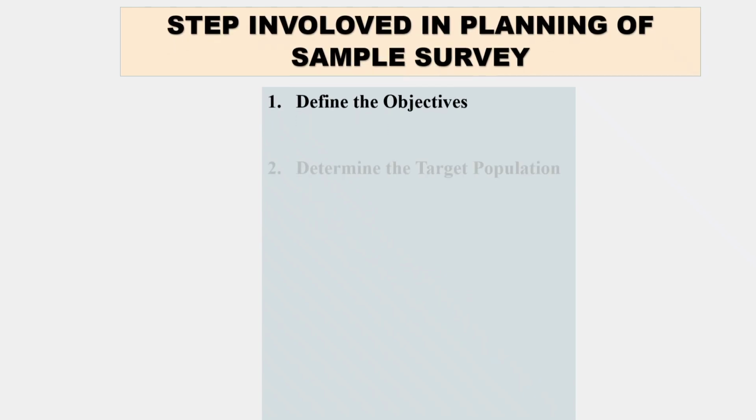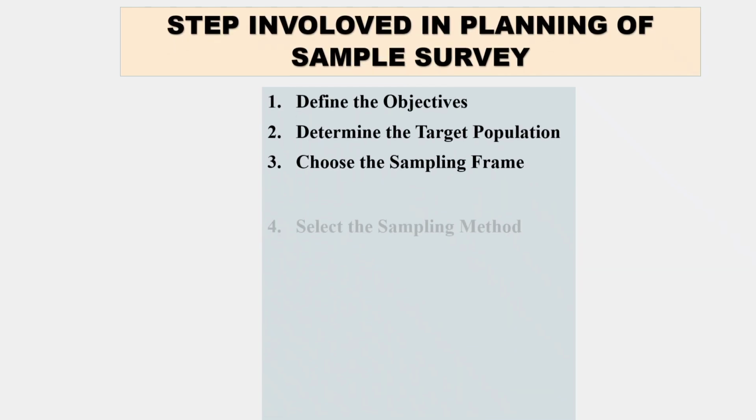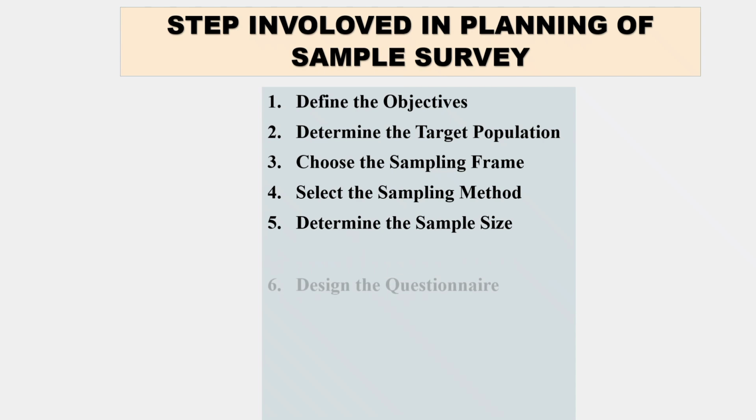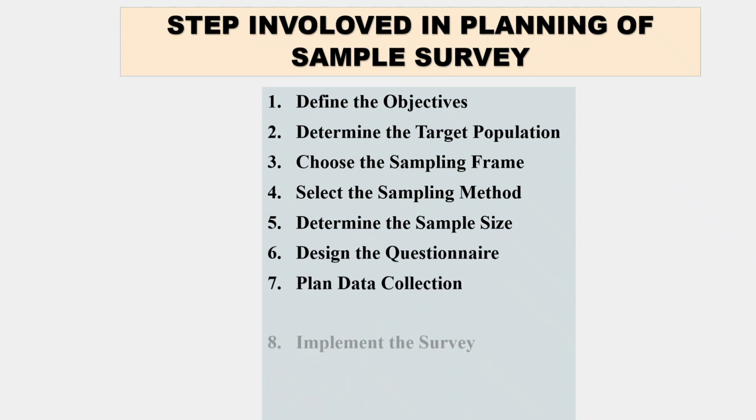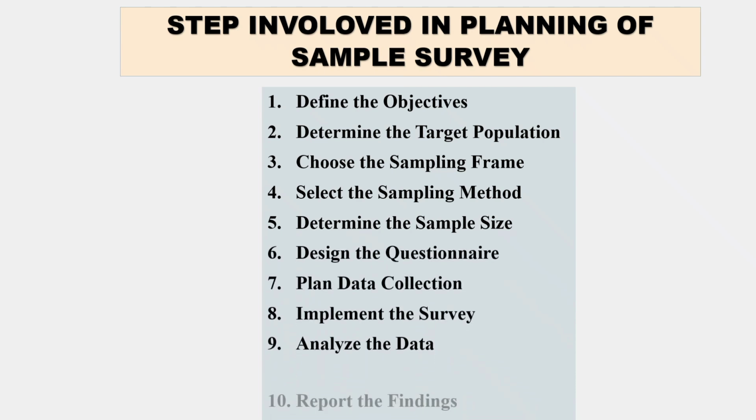Now let us look at the steps involved in planning of sample survey. Totally, there are 11 steps which are involved in planning of sample survey. First, let us read one by one and later we can explain all the steps included in this. The first one is define the objectives. Second one is determining the target population.